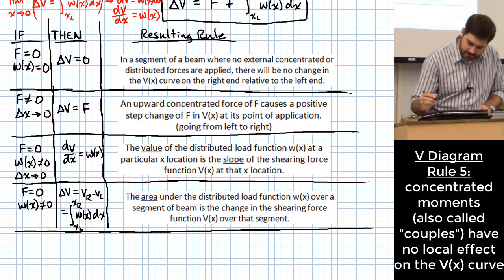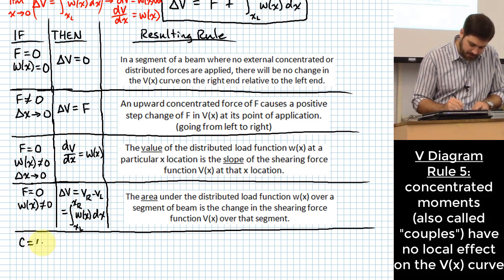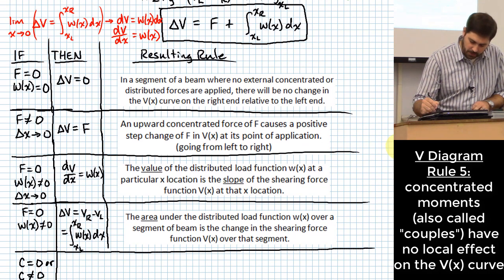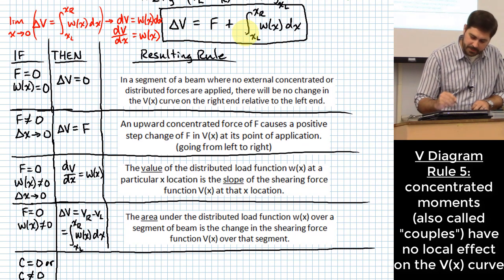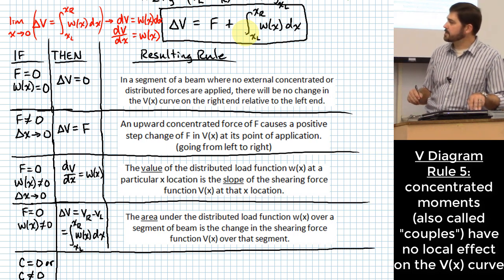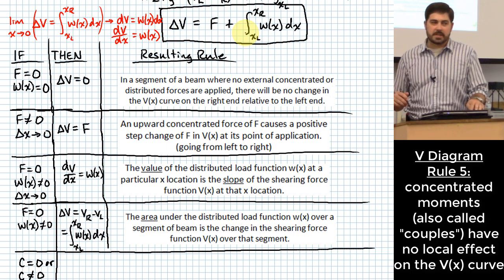Anytime C is equal to 0, or if C is not equal to 0, look at this equation that we're working off of up here. Delta V is equal to F plus the integral from xL to xR of w(x) dx. What's our conclusion if C is equal to 0 or if C is not equal to 0?